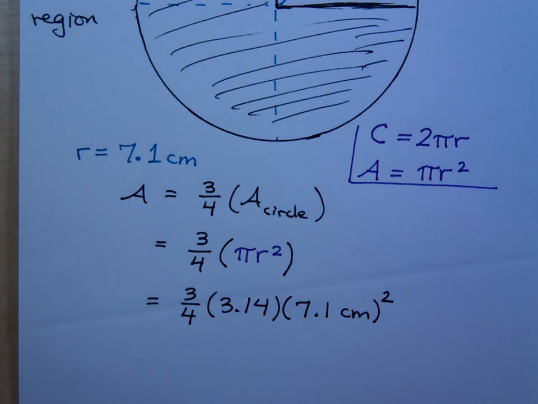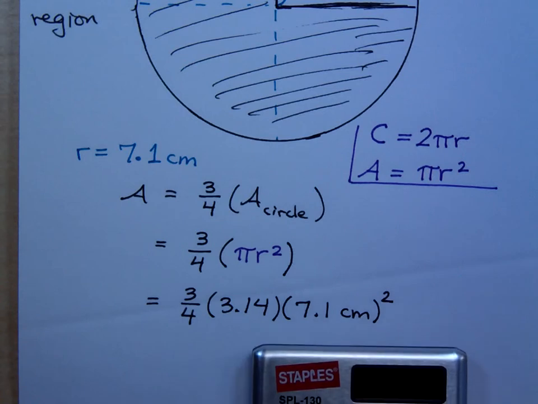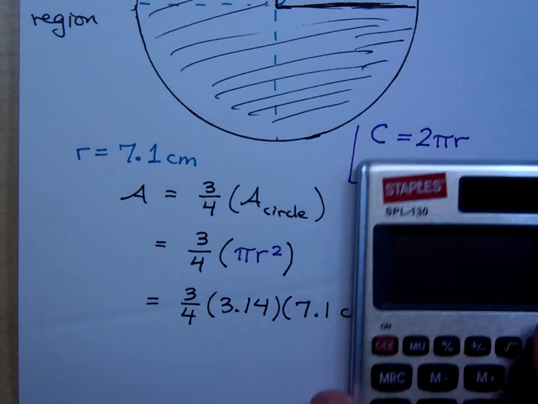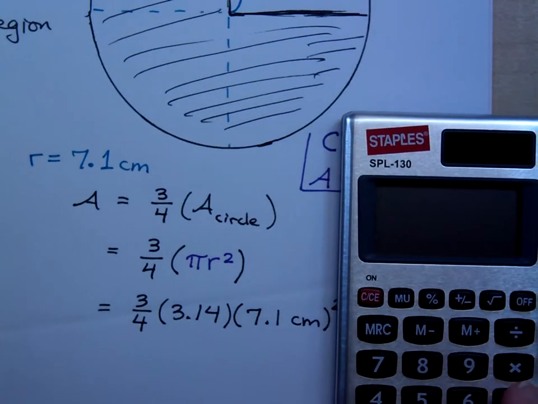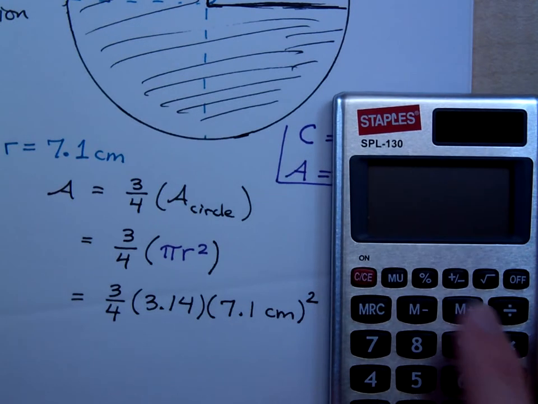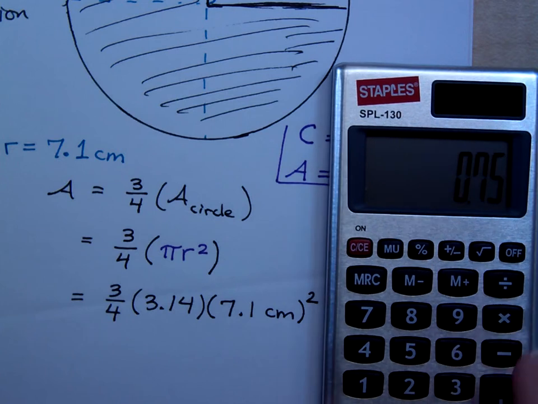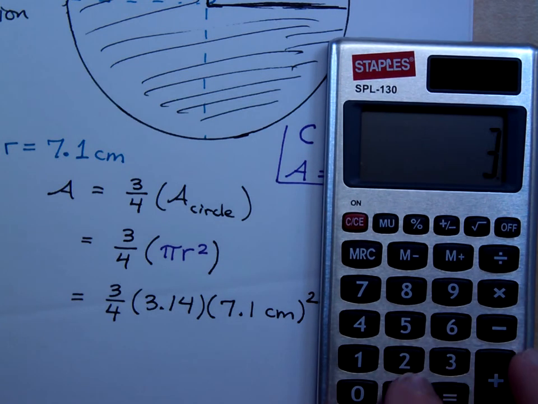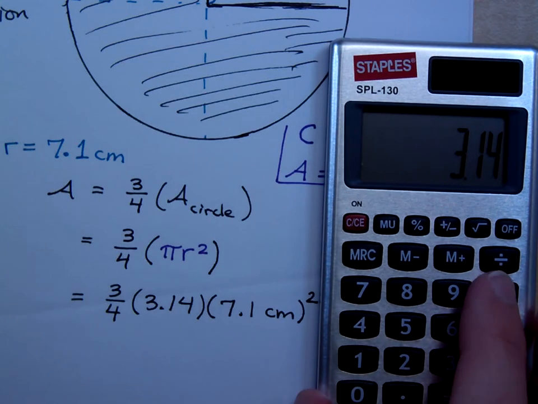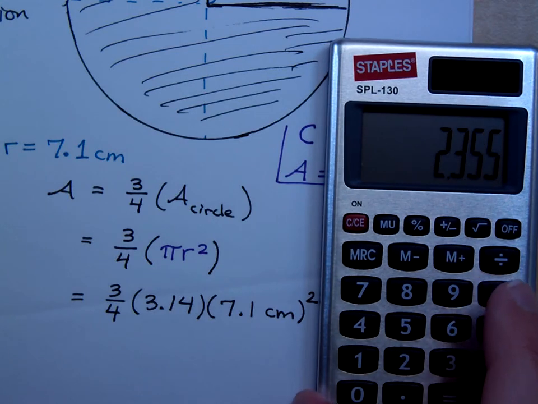Well, this is where the calculator comes in handy. How would you write 3/4? Because you've memorized your fractions, you might say 0.75. So let me get that up here. We would say 0.75 times pi, which is 3.14, times, keep on going.